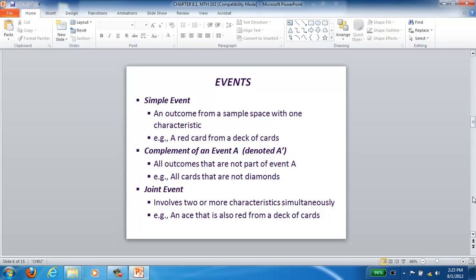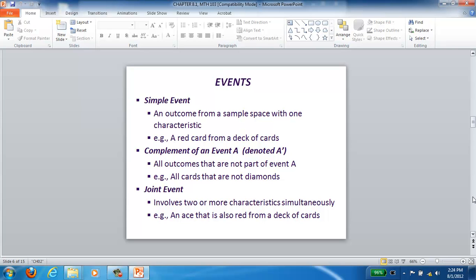Now, a simple event is an outcome from a sample space with one characteristic. For example, a red card from a deck of cards, or a diamond, or an ace, but you need to have one characteristic. The complement of an event A is all outcomes that are not part of event A, for example, all cards that are not diamonds, or all cards that are not aces.